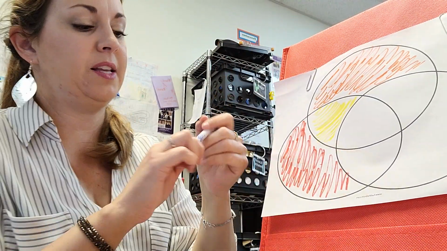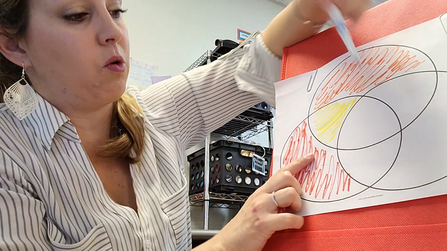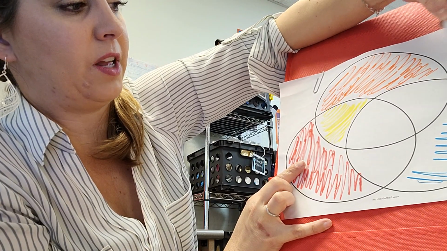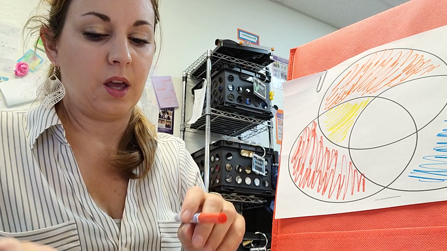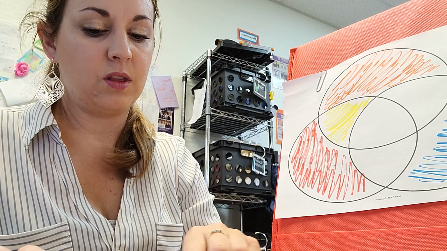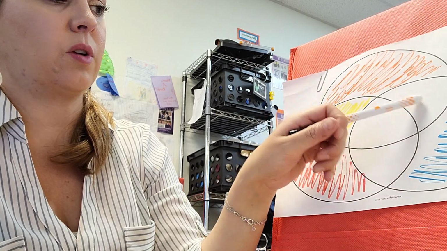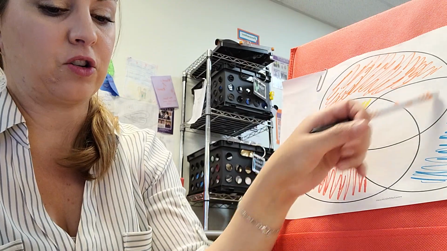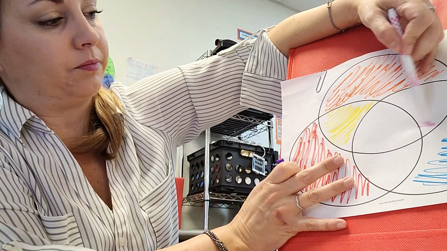Things that are only true for story number 3 will go here where there's no overlap of any kind. Then you'll look and say, okay, this is true for story 3 and story 1. If it's true for story 3 and story 1, you're going to put that fact right here. I'm going to use pink there. Okay.